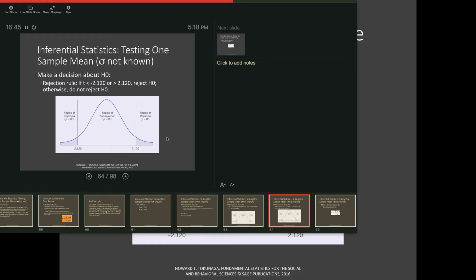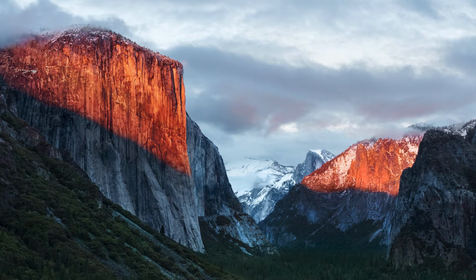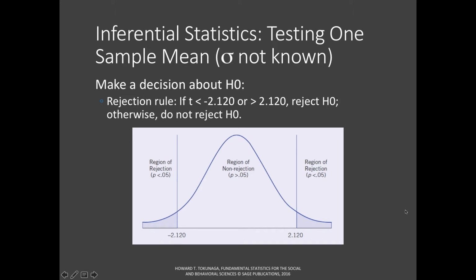So we calculate it using this fun formula. First we have to find the standard error of our sample. To do that, we use the standard deviation of the sample divided by the square root of the number in the sample. So 8.01 divided by the square root of 17 equals 1.94.